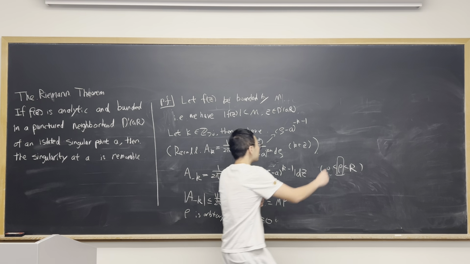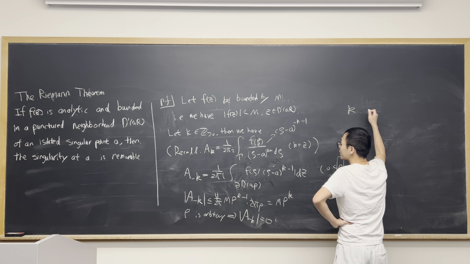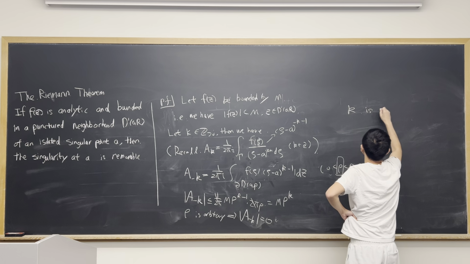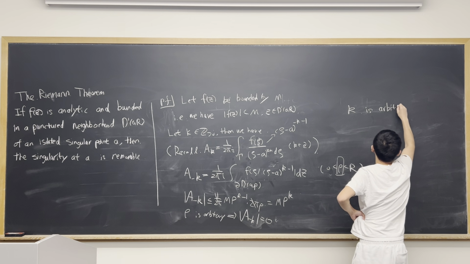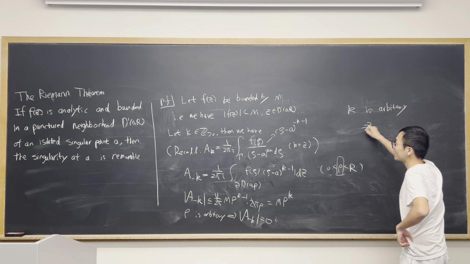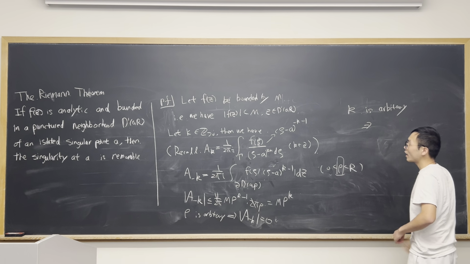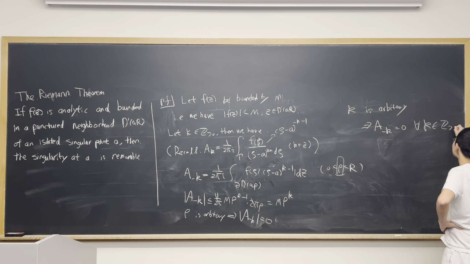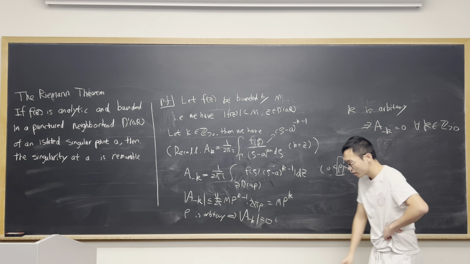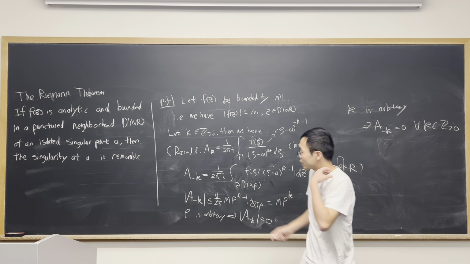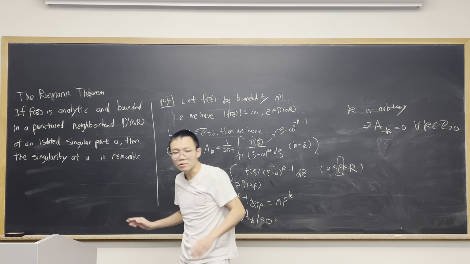Okay. So since k is arbitrary, therefore all the singular part vanishes. All right, so the proof ends.